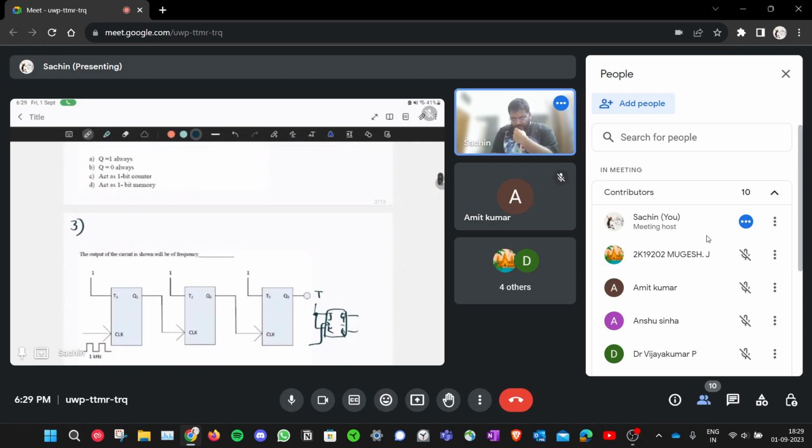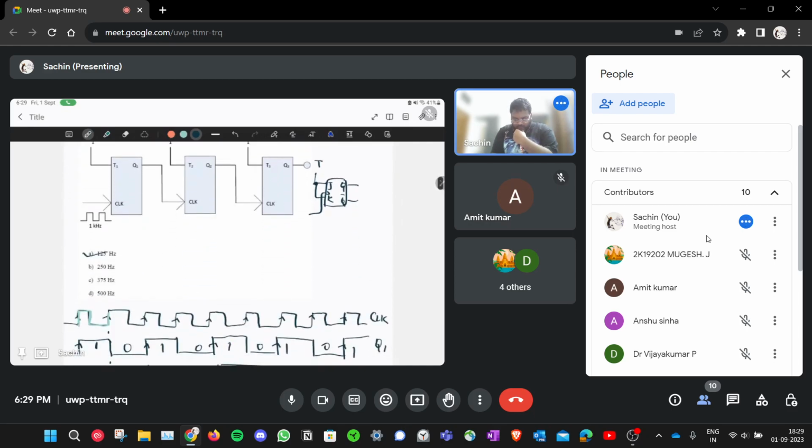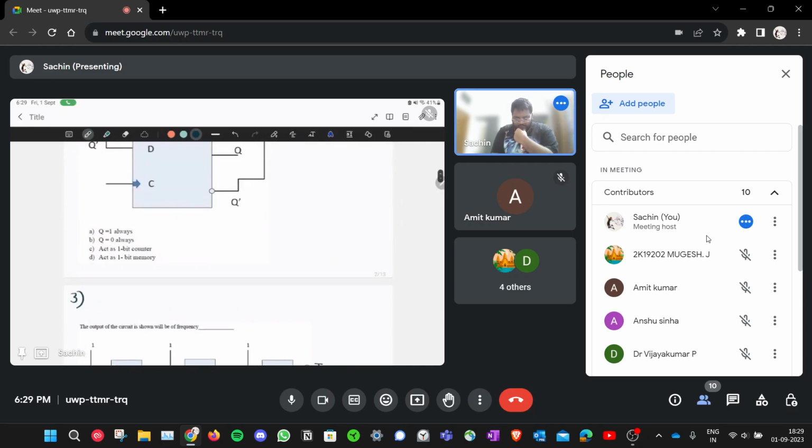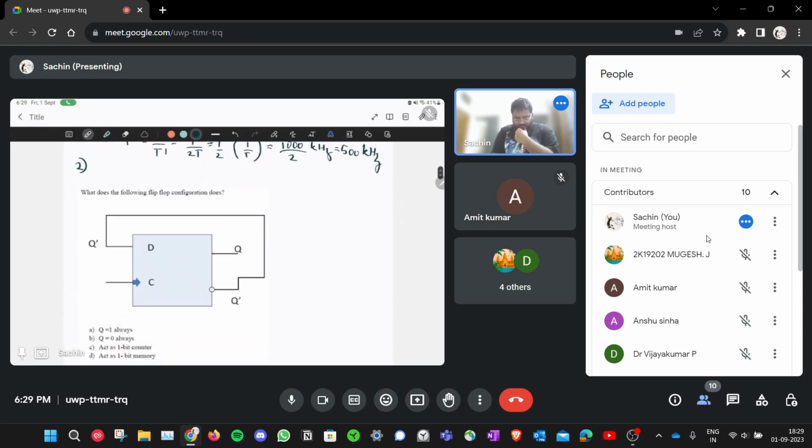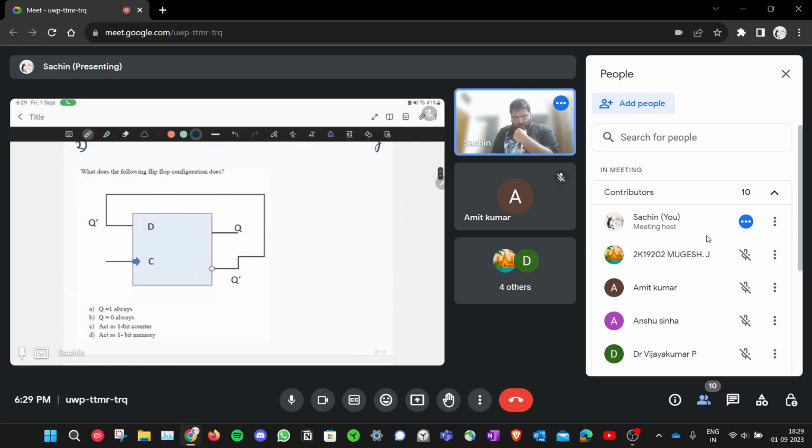Now suppose you had only one of these flip-flops, like this was given in question 2. The input to the D flip-flop is the complement of your output, so Q bar is D. Let's say we start out with a state 0, 1, and then a clock pulse arrives.